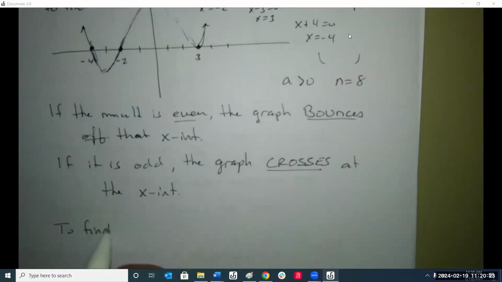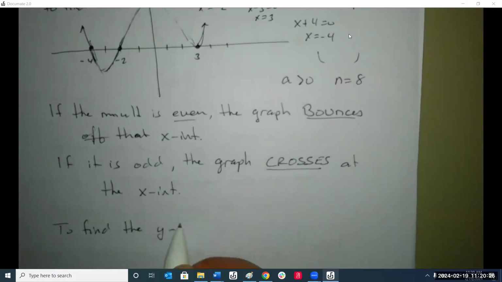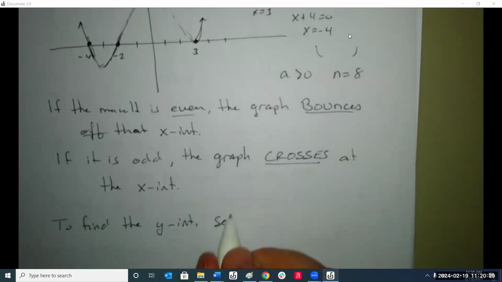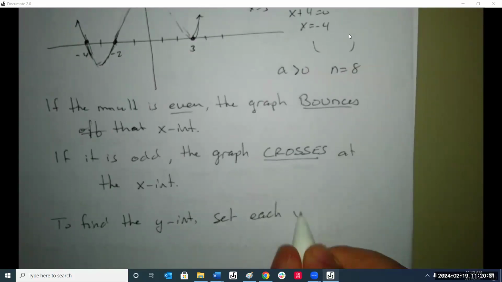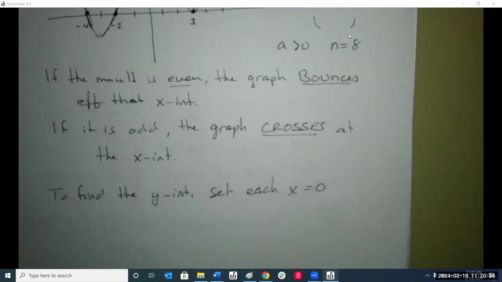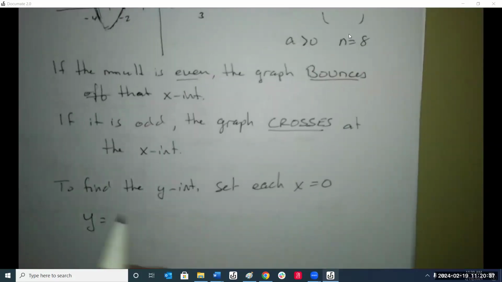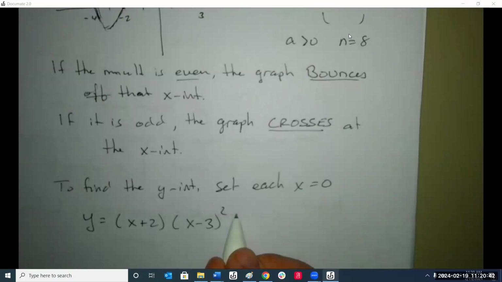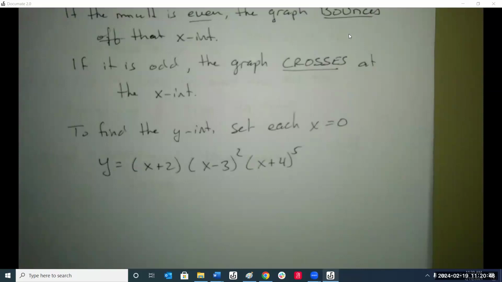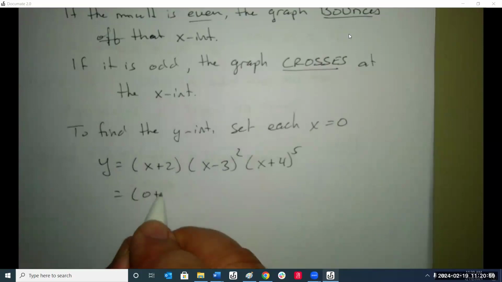Now, to find the y-intercept, set each x equal to 0. So we have x plus 2, x minus 3, x plus 4. So we set all the x's equal to 0.